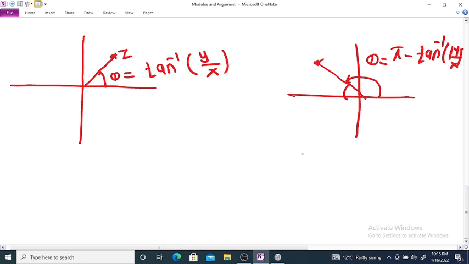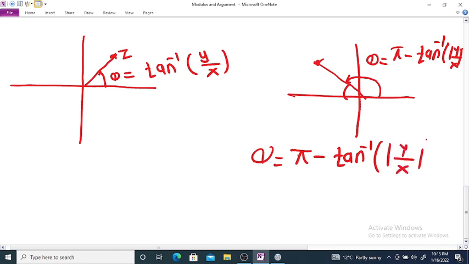If we subtract tan inverse mod of y by x from pi, we get the principal argument theta.